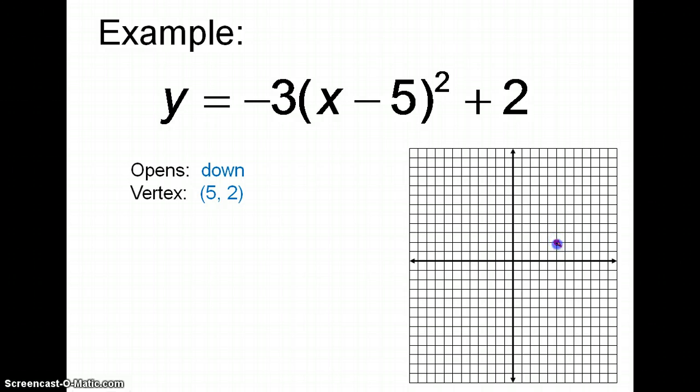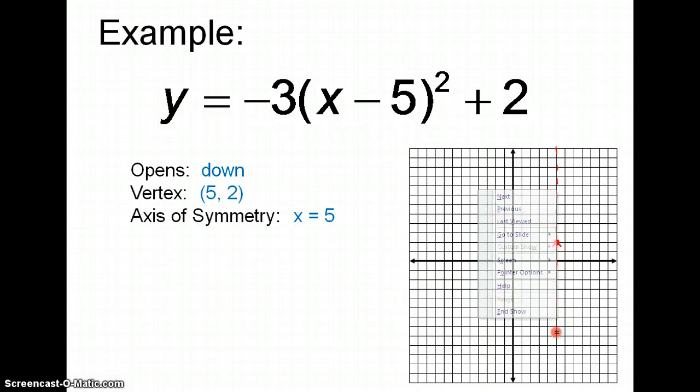And you know that it goes down, so you might want to even remind yourself by starting your little parabola. Okay? Now the axis of symmetry, we know, is the dotted line that goes vertical right through that point. Okay? So that would be x equals 5.